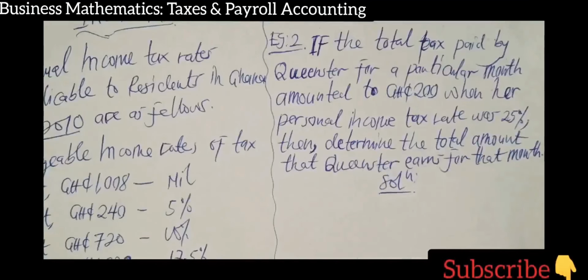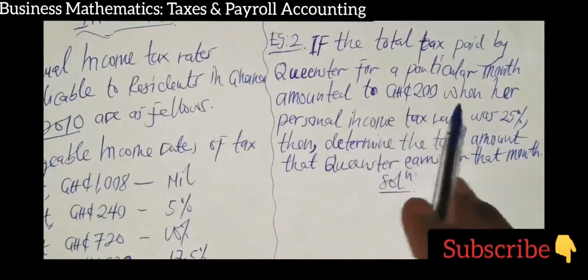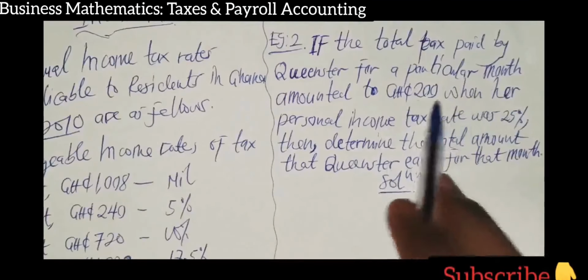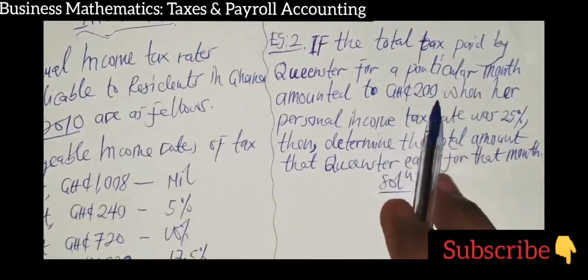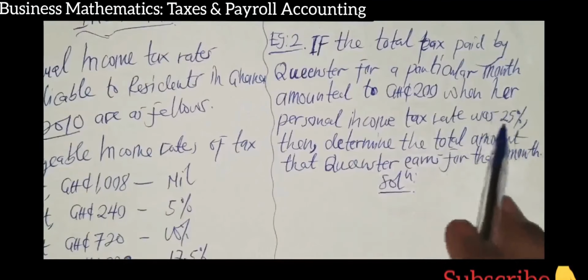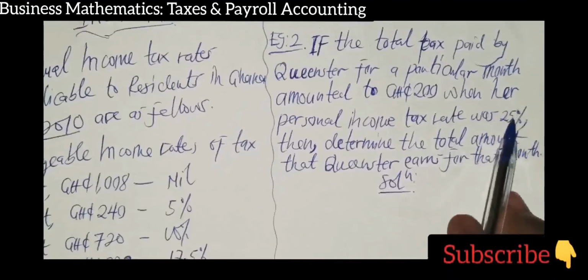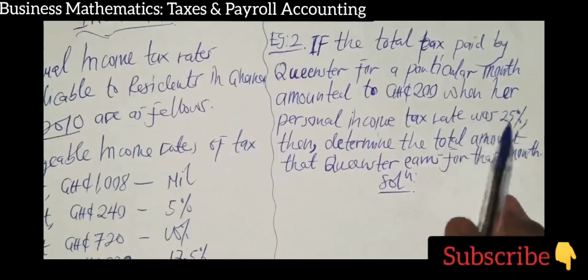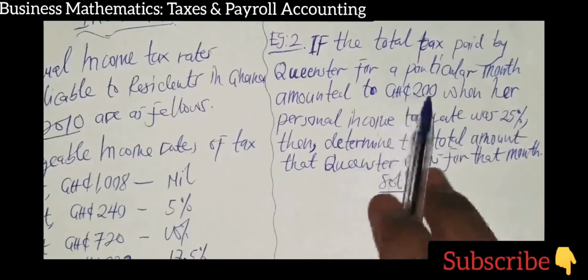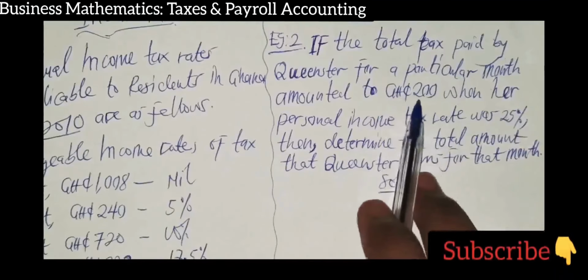So here in the question we are told that she paid a total tax amount, which is the personal income tax, of 200 Ghana cedis, but the personal income tax rate was given as 25%, meaning that 25% of her income was the amount that she pays as personal income tax to the government.